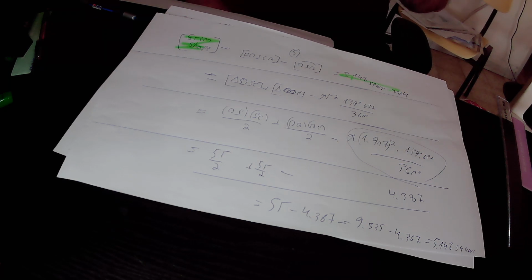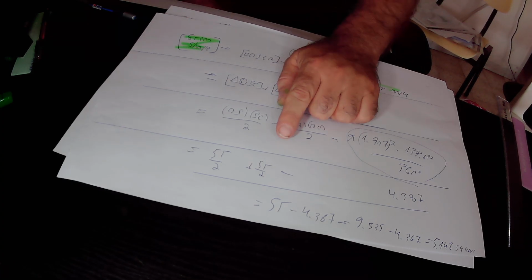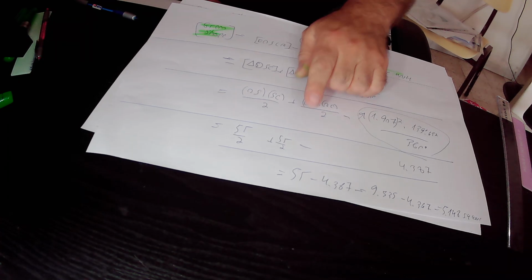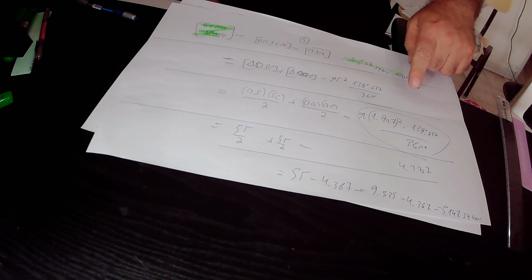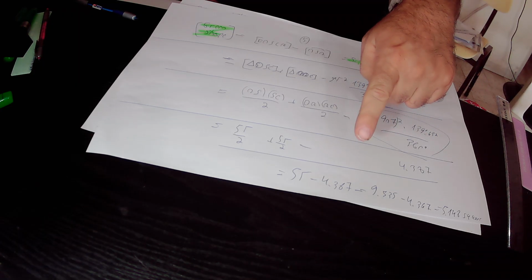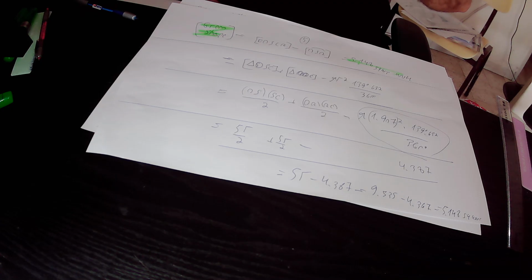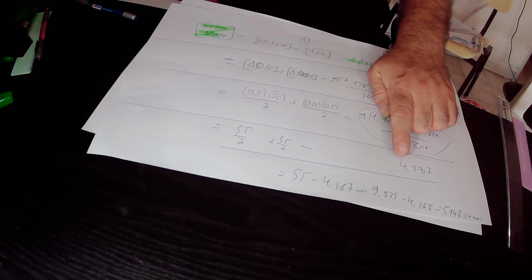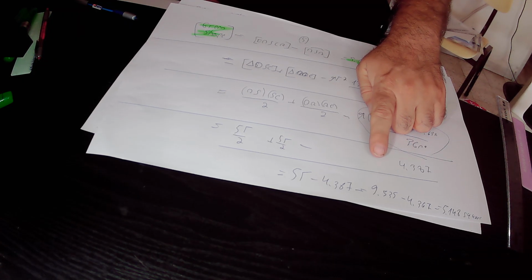So the area of sector OSQ equals 4.387 square meters. 5r squared plus 5r squared over 2 is 5r. So the area of the green shape in total equals 5r minus the area of sector OSQ, that is 4.387 square meters. 5r is 5 times 1.907, where 1.907 is the radius of the circle, which equals 9.535 units.